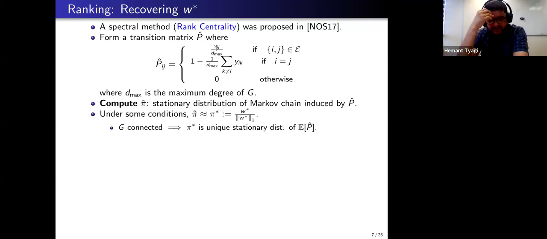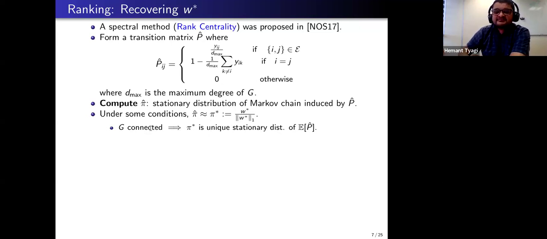I claim that, and why is this the case? Because if you were to look at the population version of this transition matrix, so expectation of P hat, it turns out that if the graph is connected, then this quantity pi star, which is W star normalized by its L1 norm, so pi star is a distribution. So pi star is actually the unique stationary distribution of the population version of P hat if G is connected.